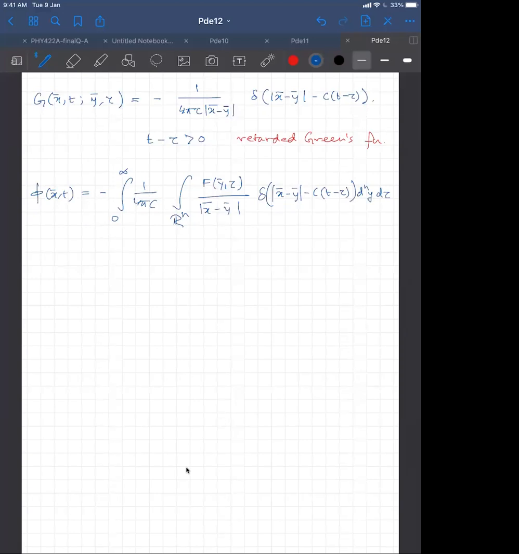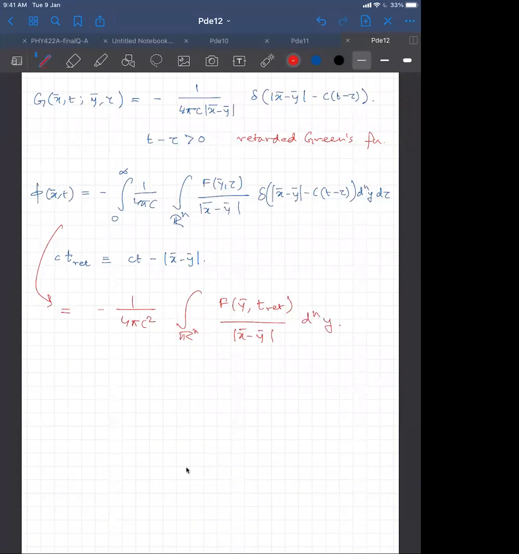When you define c t retarded as ct minus mod of x minus y, you can redefine this as 1 over 4 pi c squared, integral over R^n of f of y, t retarded over mod x minus y, d^n y.